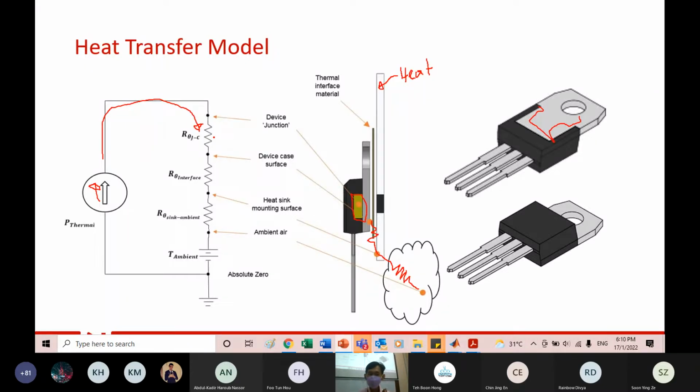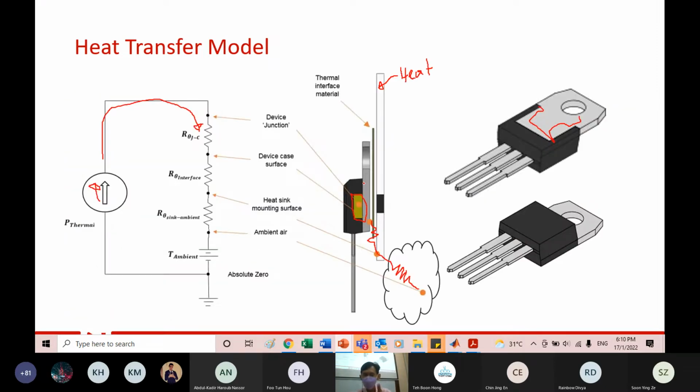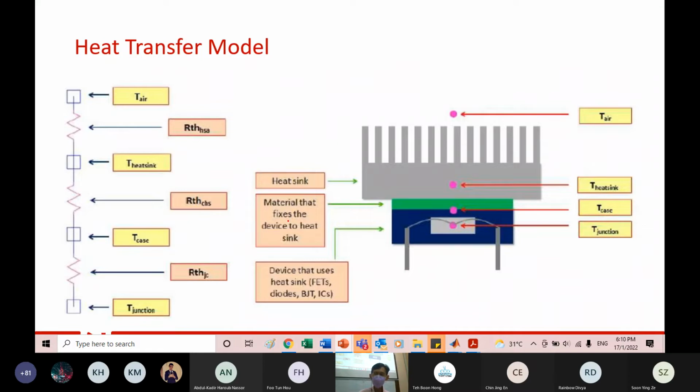Now, this is just another diagram, if you still cannot see clearly. See, heat sink, air. Remember, each one is just like a heat transfer resistor. You see 3 resistors, thermal resistor 1, 2, 3.